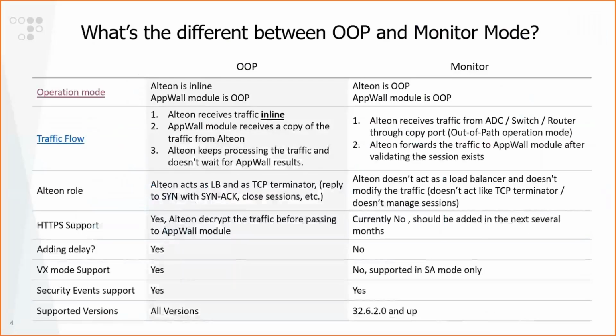So here we have a table which compares out-of-path and monitor mode. Regarding operation mode, in out-of-path, Alteon is in inline mode, but Apple is out-of-path. In monitor mode, both modules, Alteon and Apple, are out-of-path.